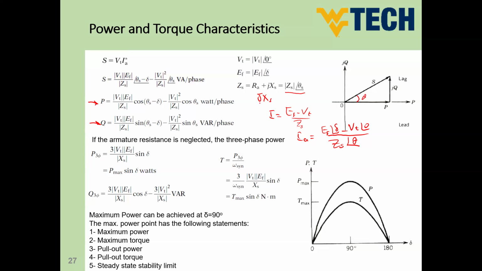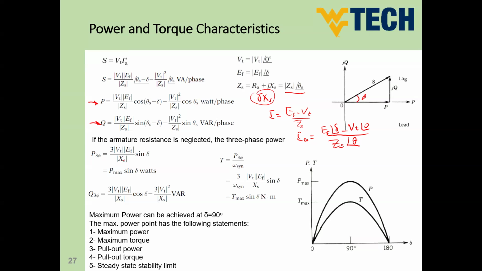If you use that and neglect the armature resistance in the impedance in these two equations, this would lead to theta equals 90 degrees, and cosine 90 minus delta is nothing but sine delta, and cosine 90 equals 0.